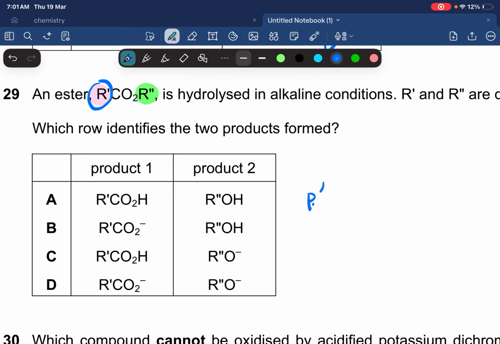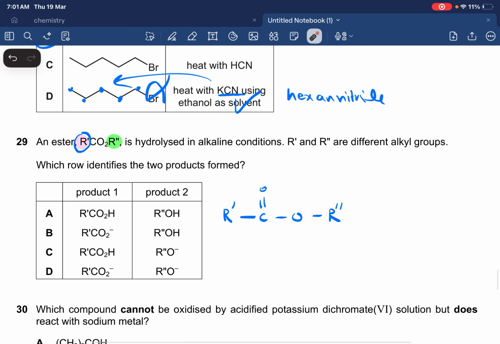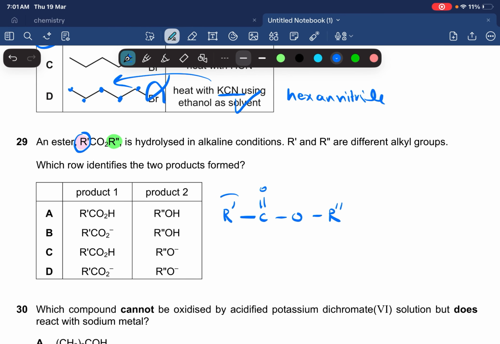Because R has C double bonded O R'. So this part that's before the C double bond O is the acid part, and this part is the alcohol part. So if it's hydrolyzed in alkaline conditions, what are we going to form? We're going to form R, which is going to be an acid, and then R', which is going to be an alcohol. Over here, we're going to form alcohol.